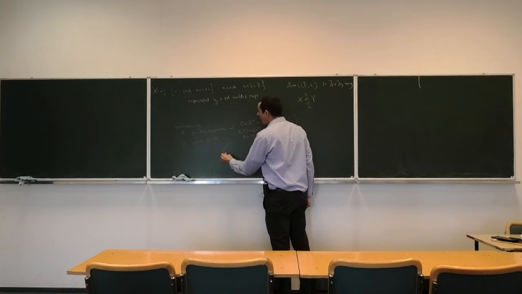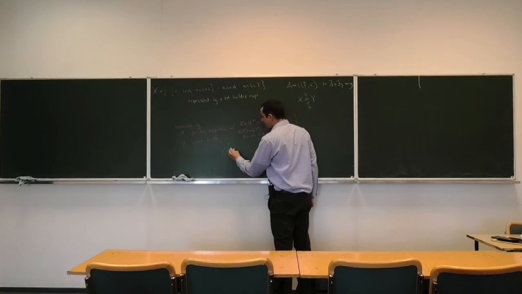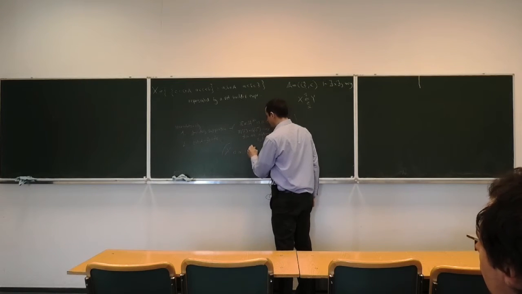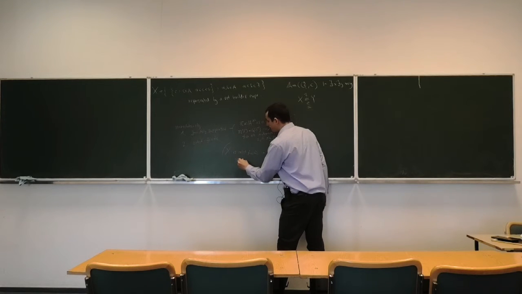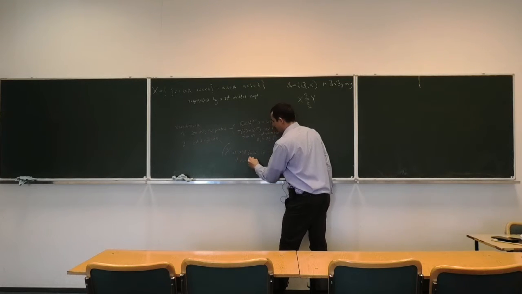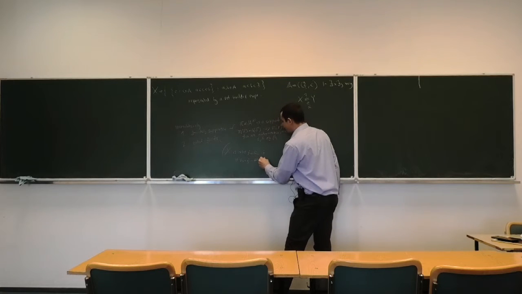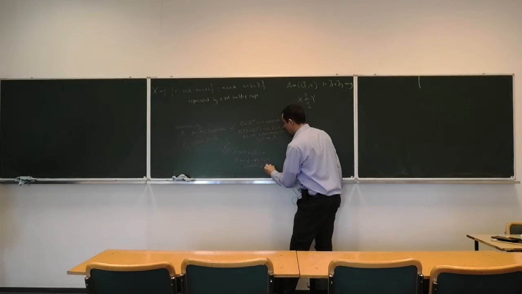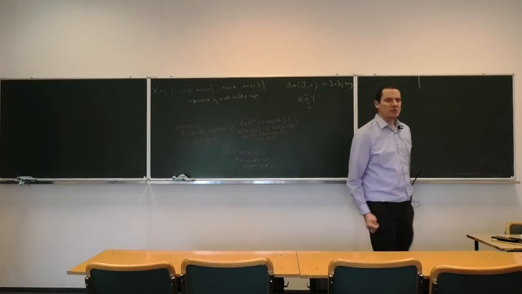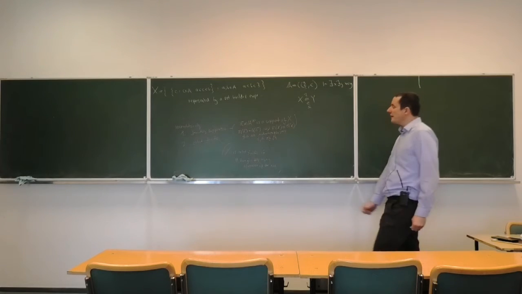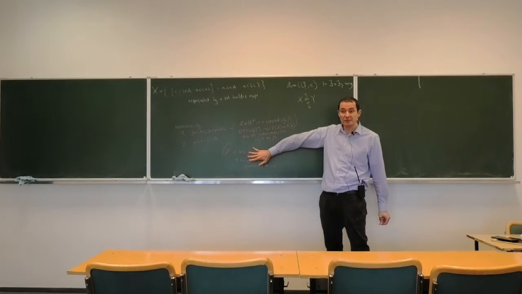And orbit finite meant that X is orbit finite if it has finitely many elements up to automorphisms. So again, if you remember, there were two ways of understanding this vague text.